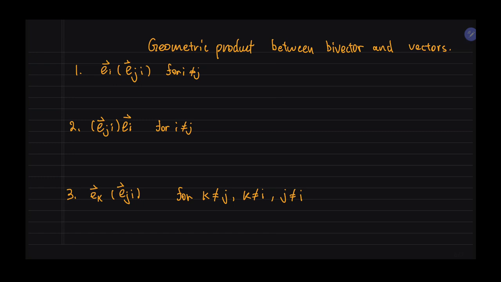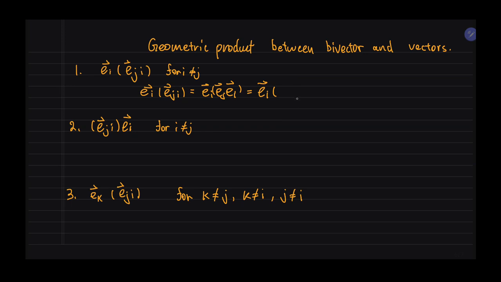So e_i times e_j e_i is just equal to e_i, e_j, e_i, because this bivector is just a short notation, then parentheses. And since the geometric product is associative, we first swap the index like we have learned before, because they are orthogonal bases.